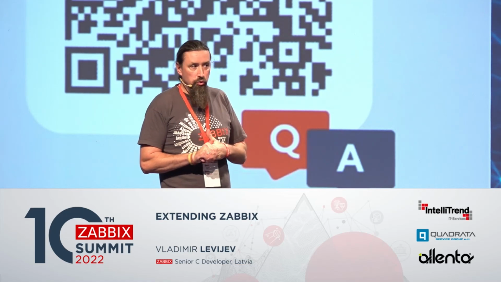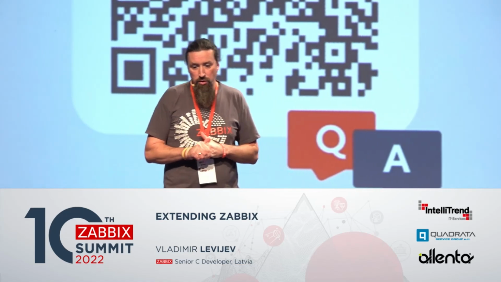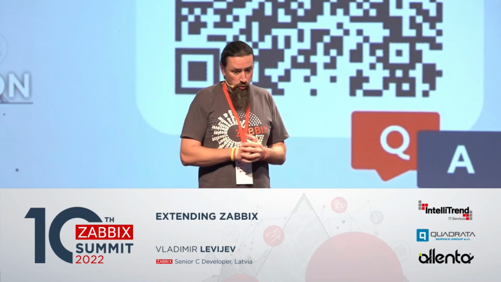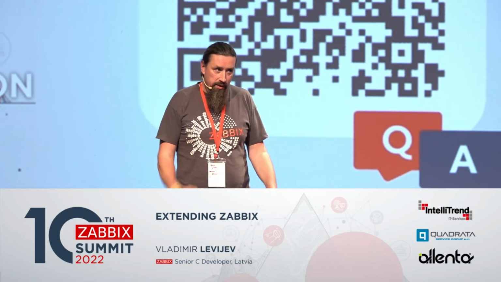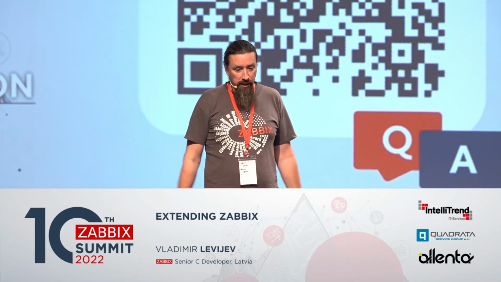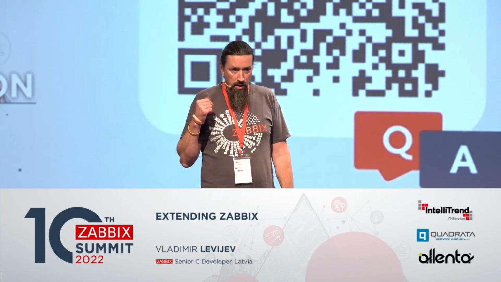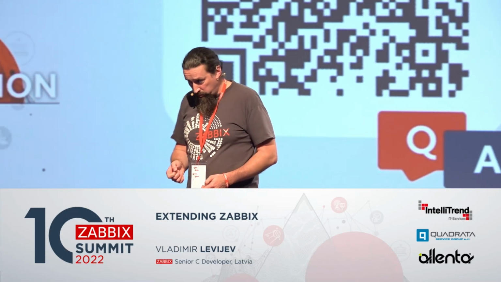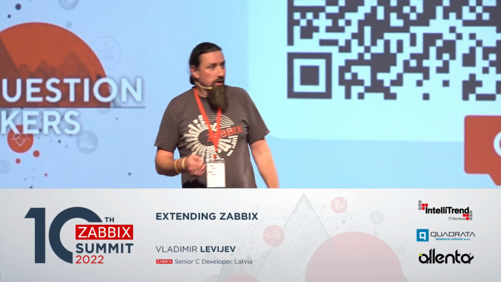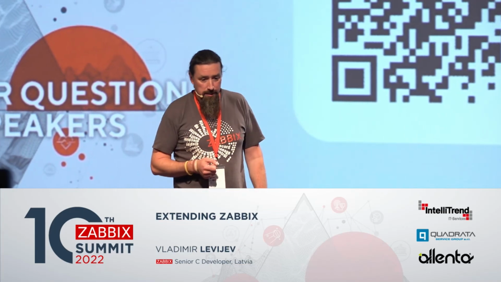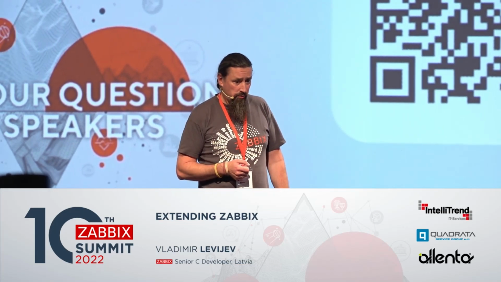So if you use version 6.0 or more and you use agent2, try at least to create loadable plugin. Take an example here and modify the do action function to do what you want. See the result. It should be much faster.